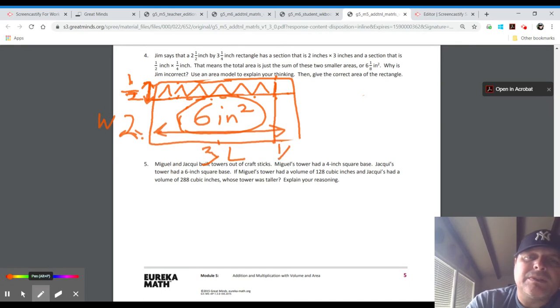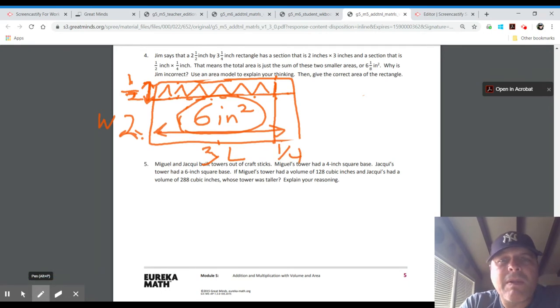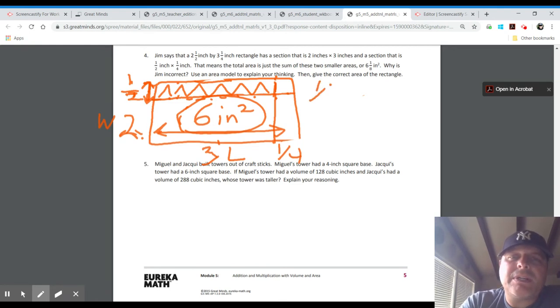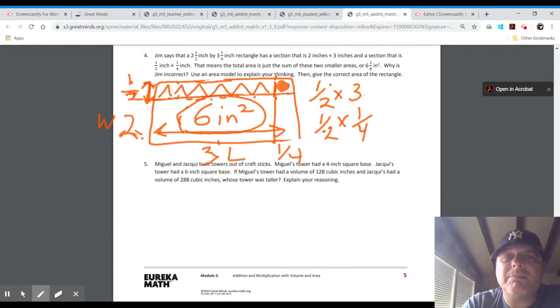So do I have to solve this problem? Use the area model, explain your thinking, then give the correct area. So let's do this. You have to find 1/2, so you'd have to do 1/2 times 3 to do that section. Then you would also have to do 1/4 times 1/2. That section is going to be right here, that little tiny box.